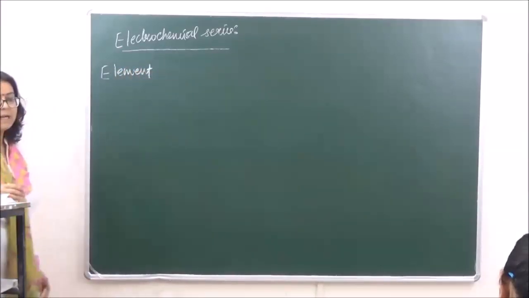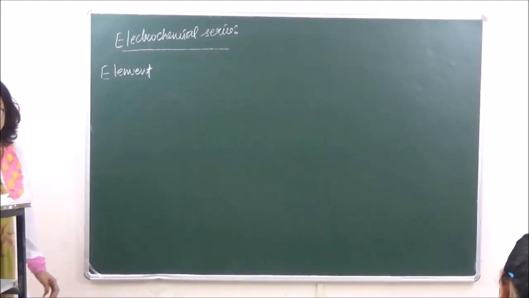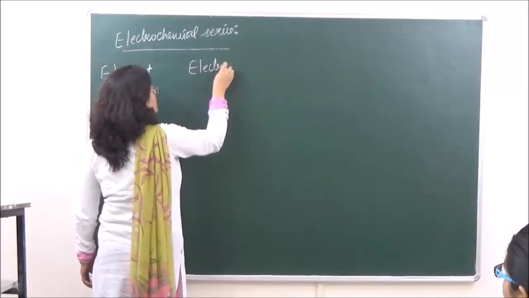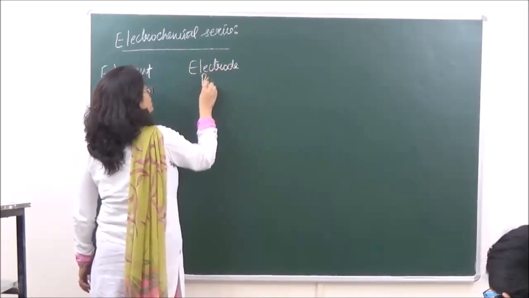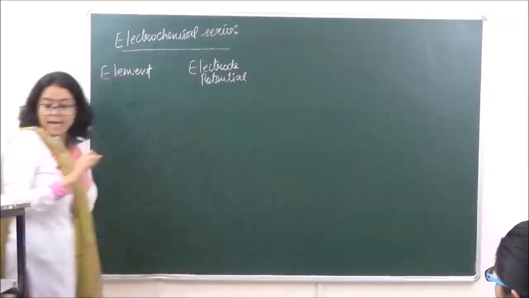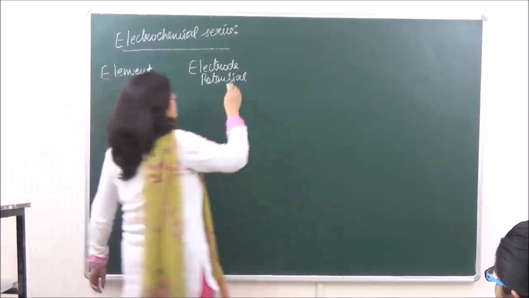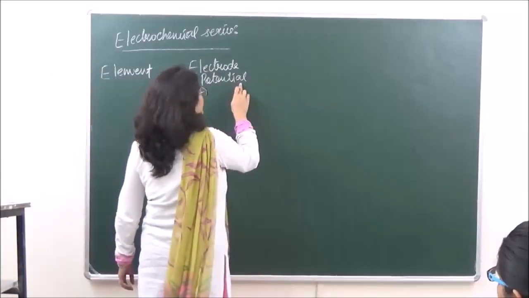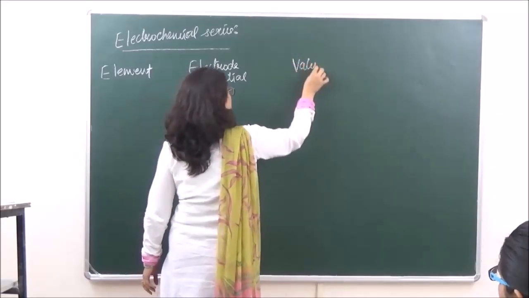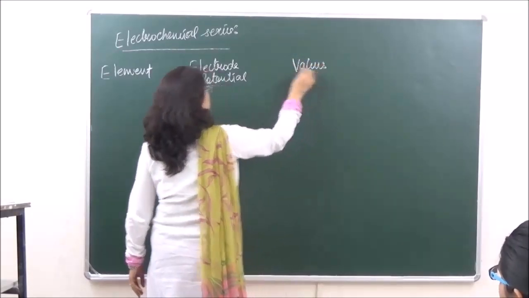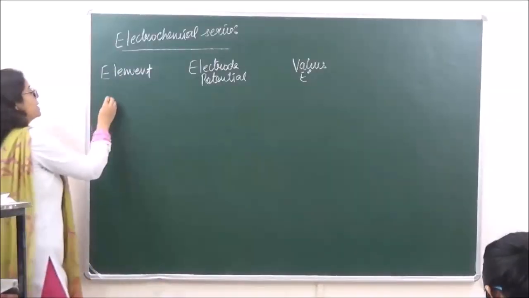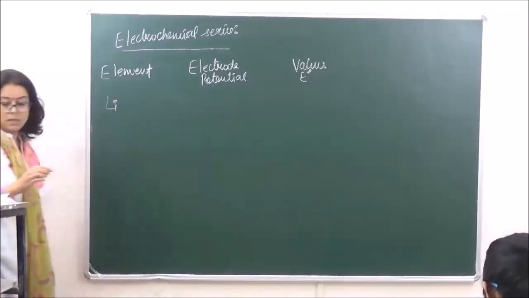Let's say that we are drawing it in the form of a table. So we have the element, we have the electrode potentials, and then you can write down over here the electrode reaction, and over here we get the values for E0. The first element on the top of the series is lithium.